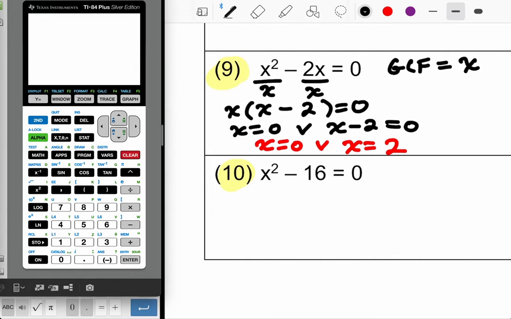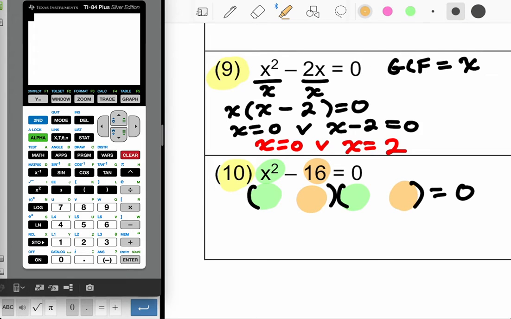So we can factor it with the product of binomials. All right, so the way we handle that is by taking the square root of the first term. So this x squared, we're going to find its square root, and we're going to put it in those 2 spots I just indicated, and we're going to take the square root of the 16. That's going to go here and here.